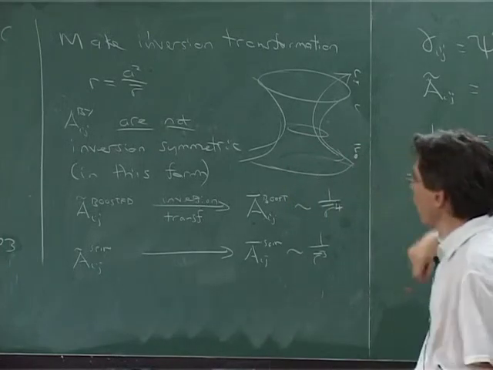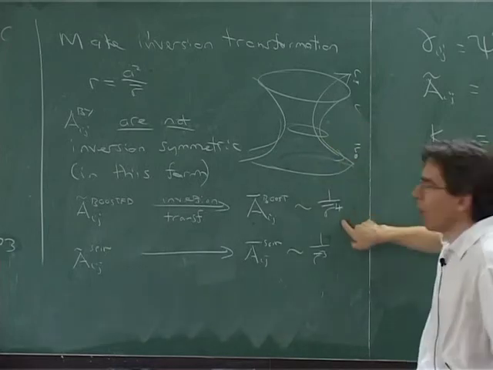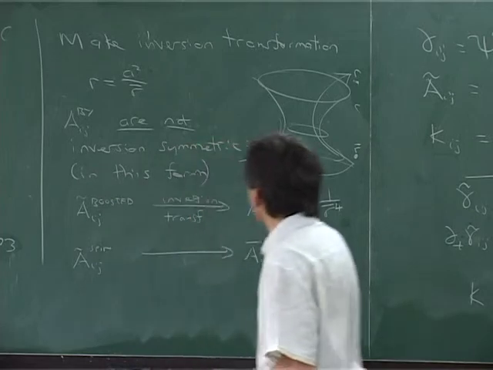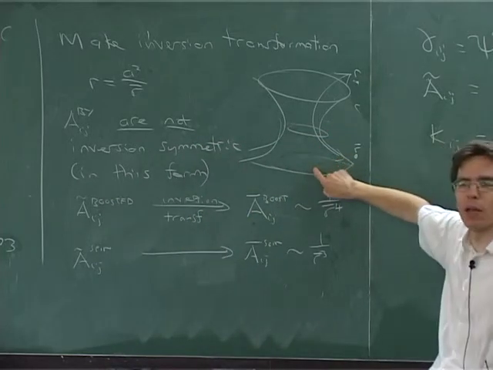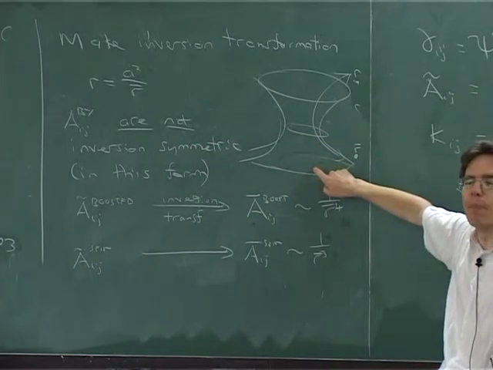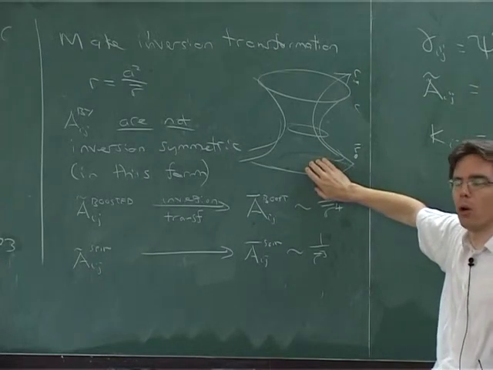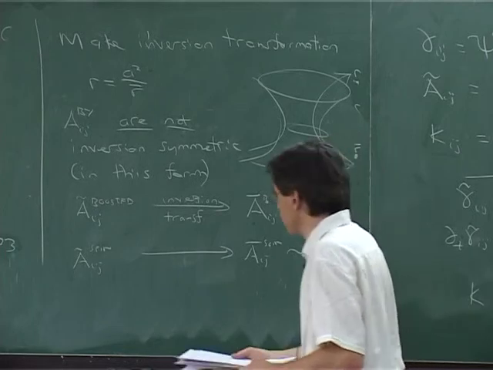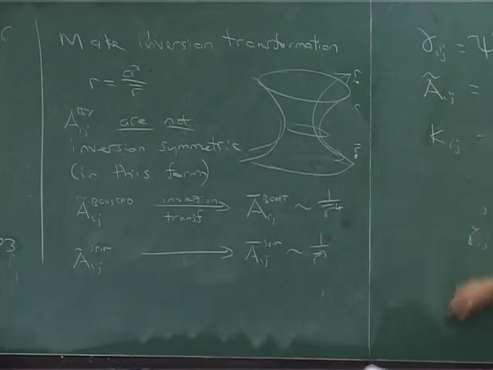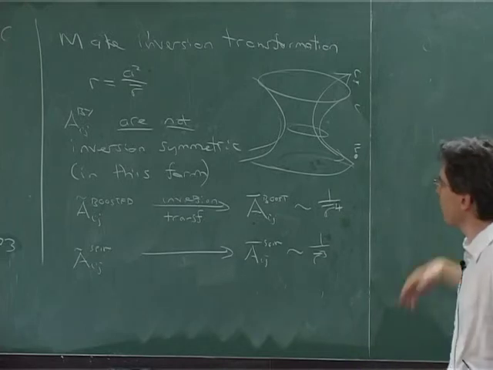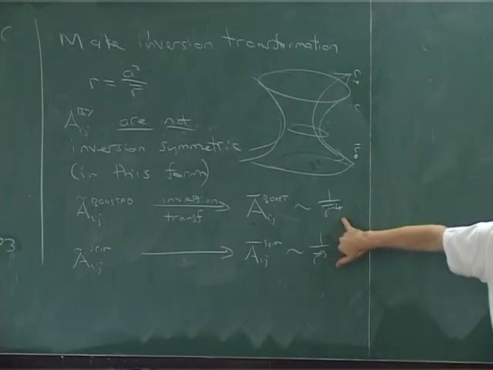If I calculate the ADM energy at this other end, I'm not going to see any boost or any spin. I'm just going to see a black hole. I'm not going to see any radiation. That's the expectation anyway. That's the assumption that we make. Certainly we will see much less radiation because this thing is falling off much more quickly.